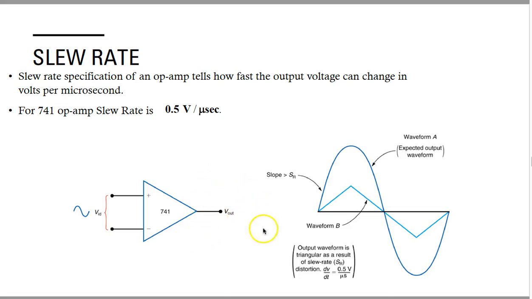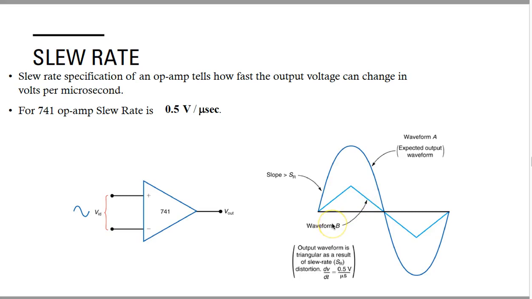But if you look at the right picture, it shows two waveforms, A and B. Waveform A is the expected output waveform from this op-amp, but what we are actually getting is waveform B. Now the question is, why are we getting waveform B?